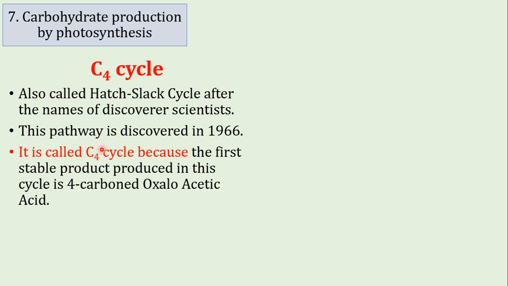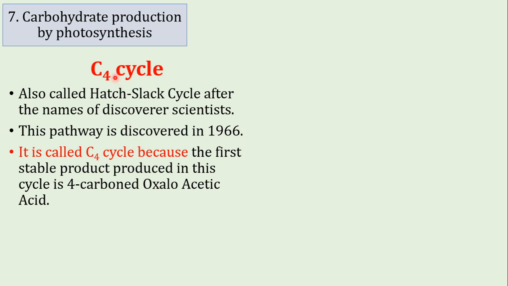Because the first stable product produced during this chemical reaction cycle is 4-carbon oxaloacetic acid. In the previous Calvin cycle, we understood that the first stable product was 3-carbon phosphoglyceric acid. That is why another name of the Calvin cycle is the C3 cycle. Similarly, the Hatch-Slack cycle is called the C4 cycle because the first stable product contains 4 carbons.